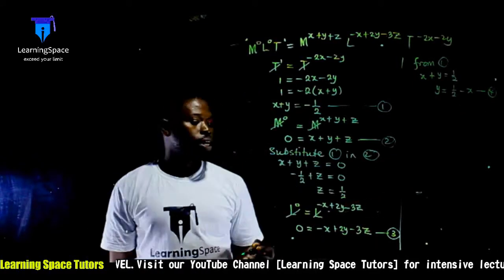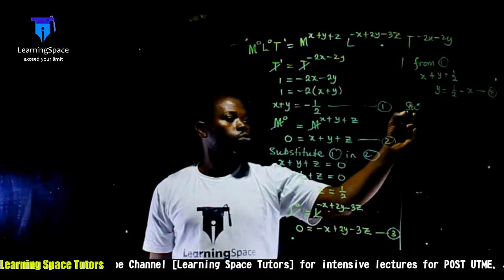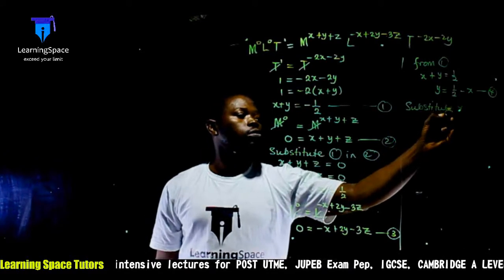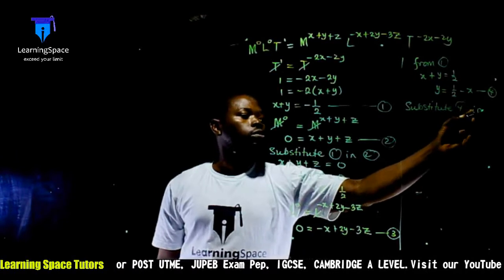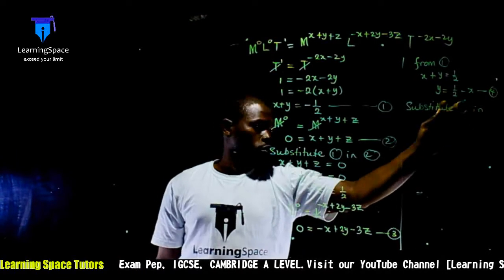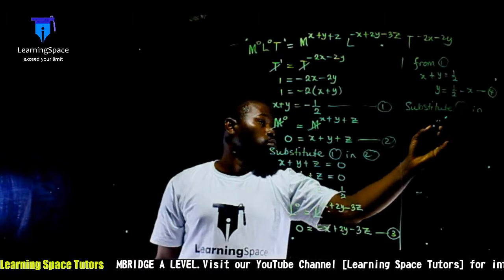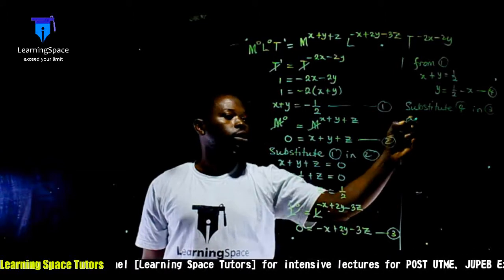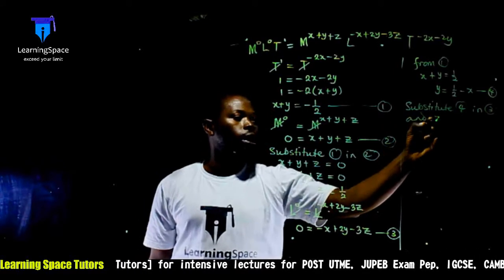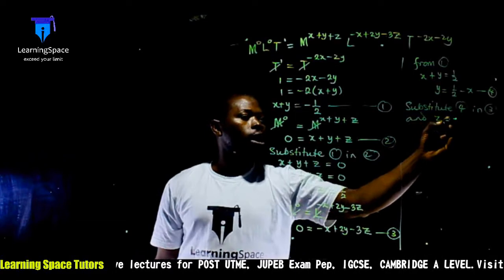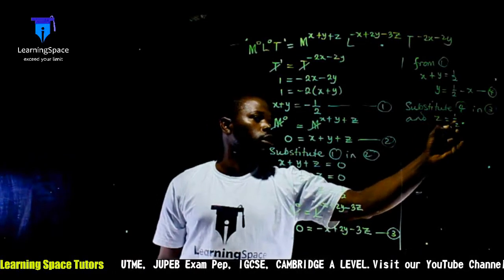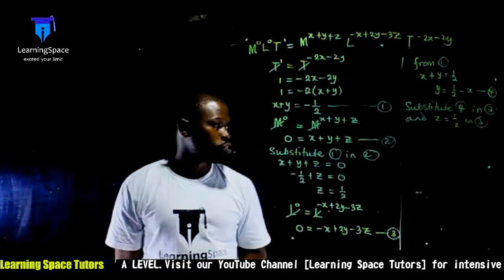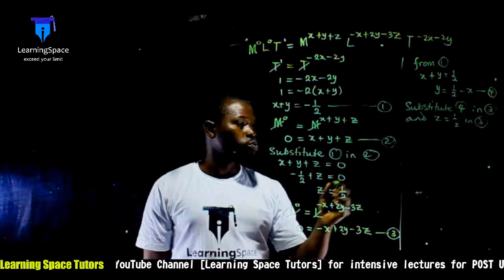So we can substitute equation 4 in equation 3, and we can also substitute z equals half in equation 3. If we substitute equation 4 in 3, this is what we are going to have.